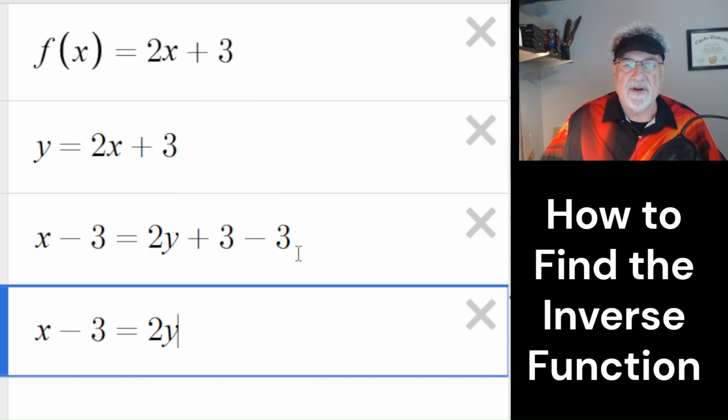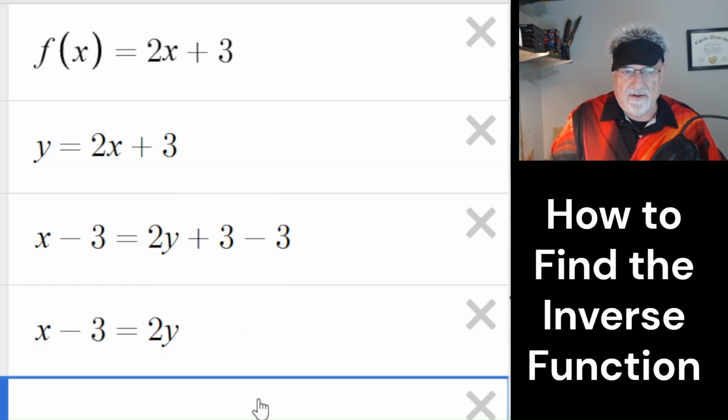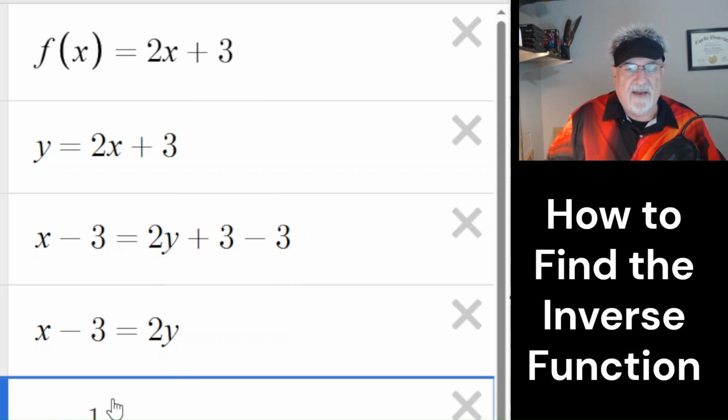And then to get rid of the 2 on the y value, you multiply everything by 1/2. So 2 times 1/2 is equal to 1, and 1y is just y.